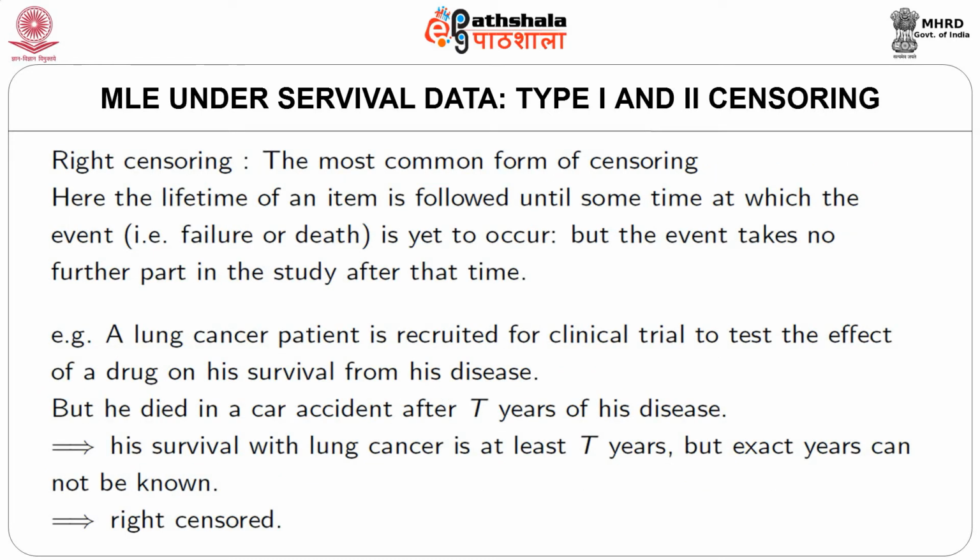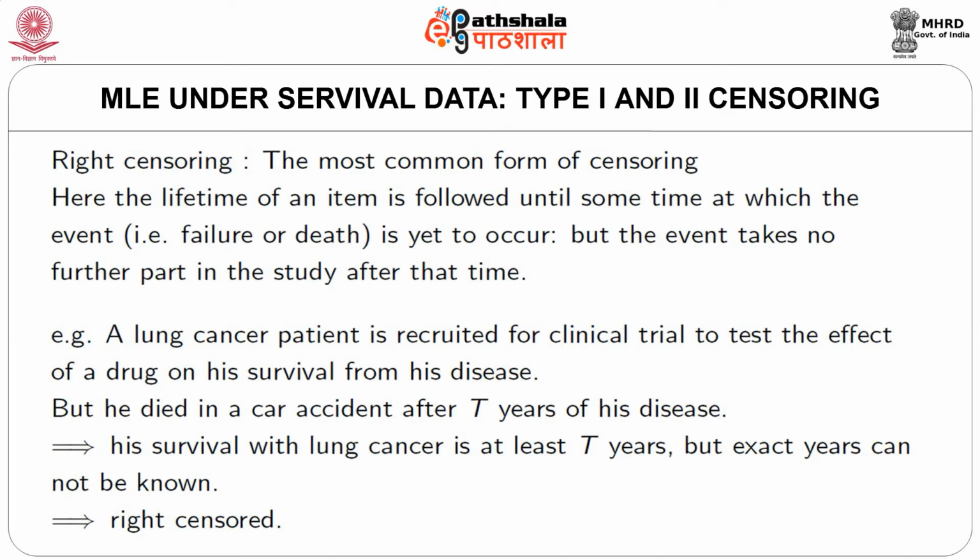Right censoring is the most common form of censoring. Here, the lifetime of an item is followed until some time at which the event, that is failure or death, is yet to occur, but the item takes no further part in the study after that time.